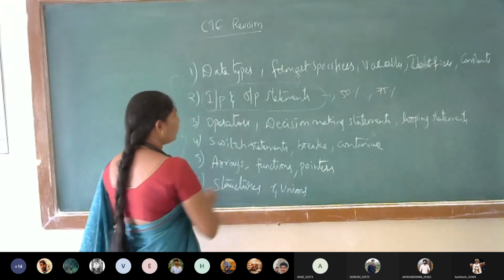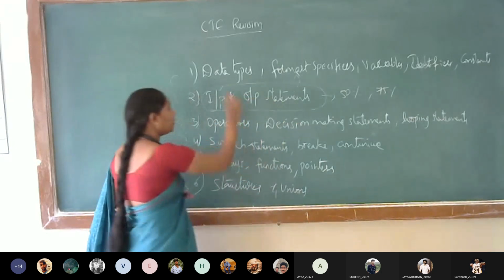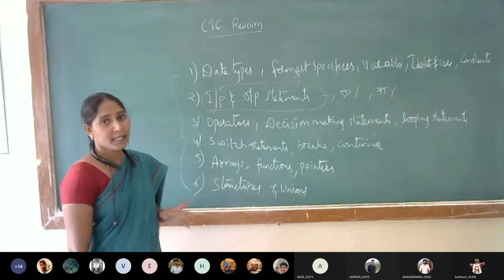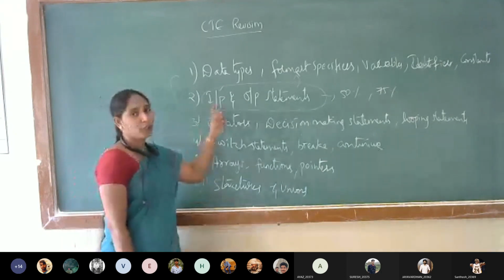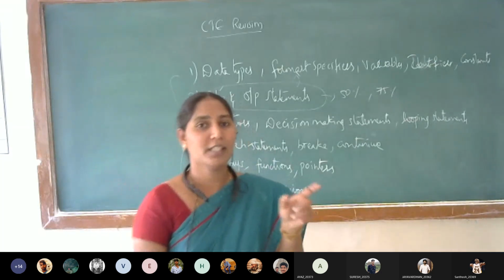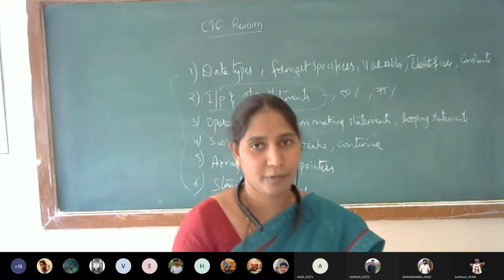So in order to do that, you have to check what different format specifiers you are using in the printf and scanf statements. Based on that, the program execution will be 100%, 50% or 75%.